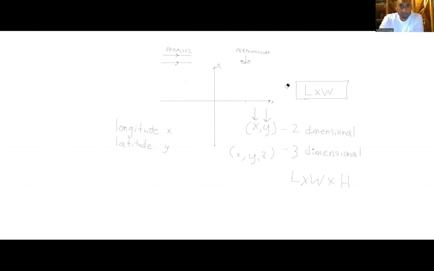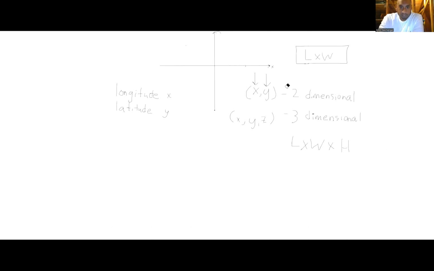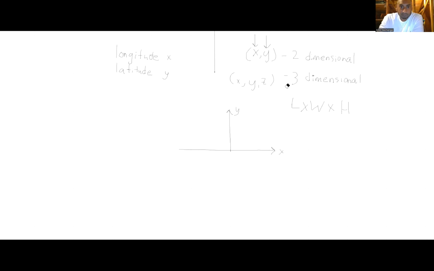So something like the same thing, right? This one's your X. This one's your Y. So those two are the same. Then you have Z, like in this direction. X, Y, Z, so three-dimensional. Length, width, height. Okay. Length, width, and height. Make sense?